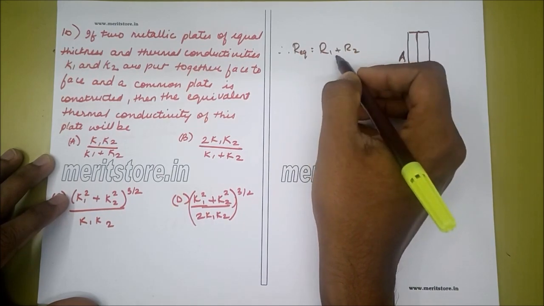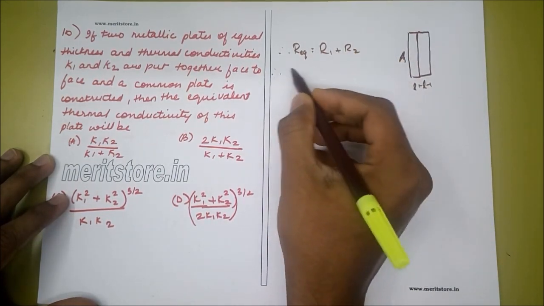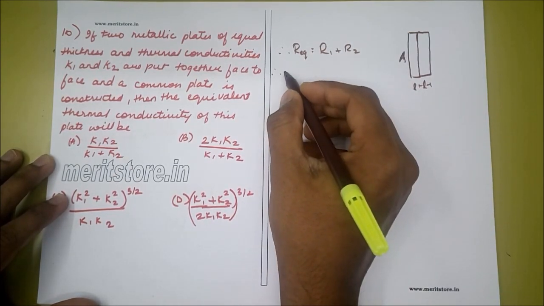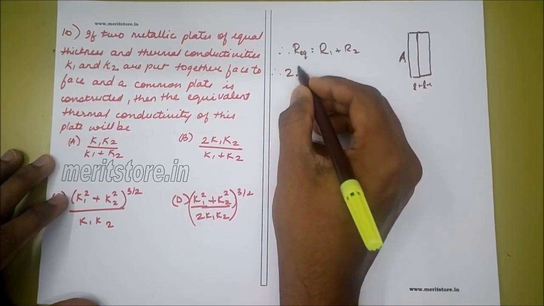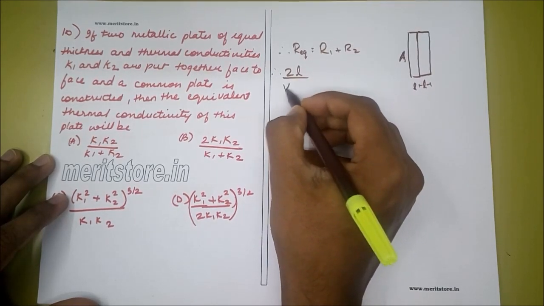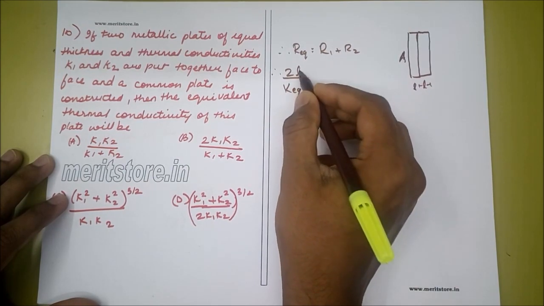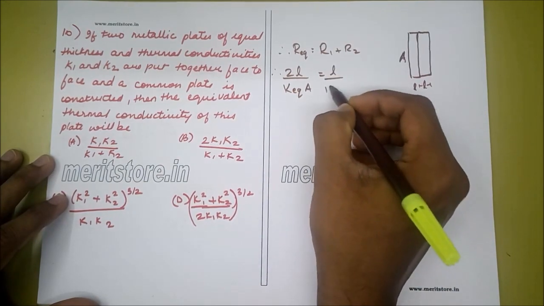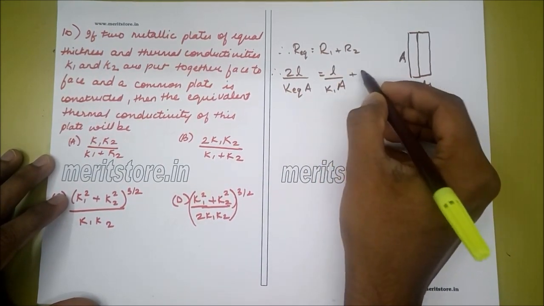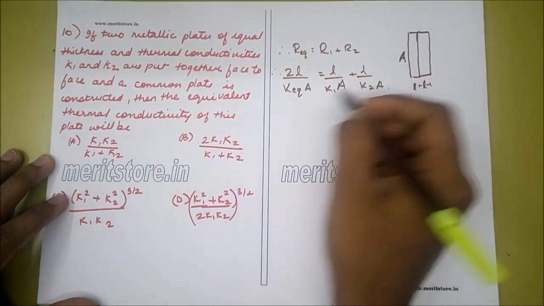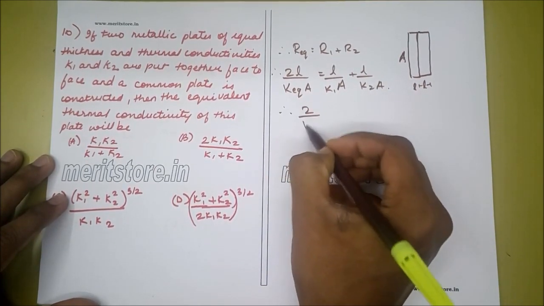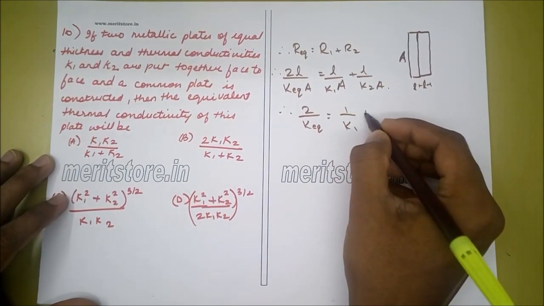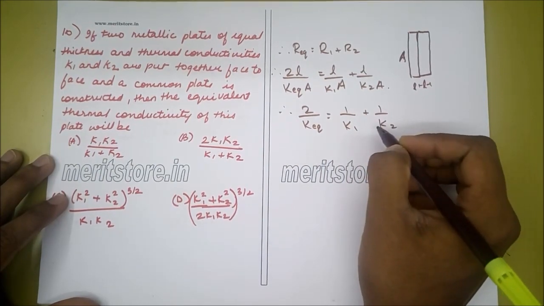So R equivalent is equal to R1 plus R2, and the thermal resistance can be written in terms of conductivity as 2 times L upon K equivalent into area, which equals L upon K1 into A plus L upon K2 into A. So therefore 2 upon K equivalent is equal to 1 by K1 plus 1 by K2.